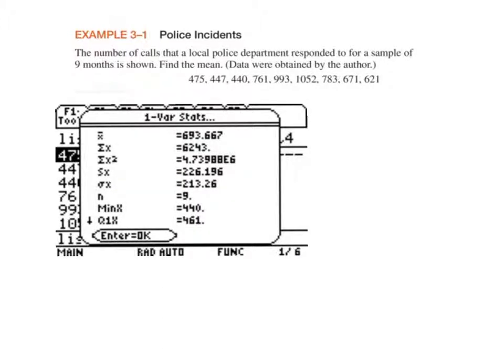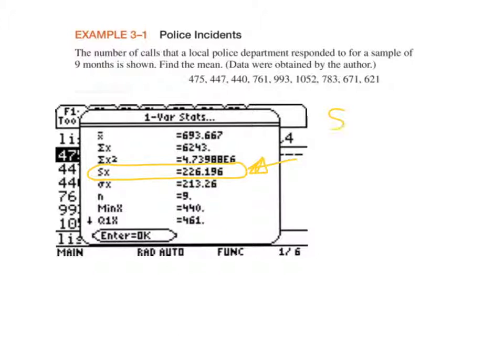Up pops the screen. Same screen as before, but this time we're looking for sample standard deviation, and you will see that it is right here, sample standard deviation. It is the SX, right? In order to find variance, you need to take that SX on your home screen and square it.